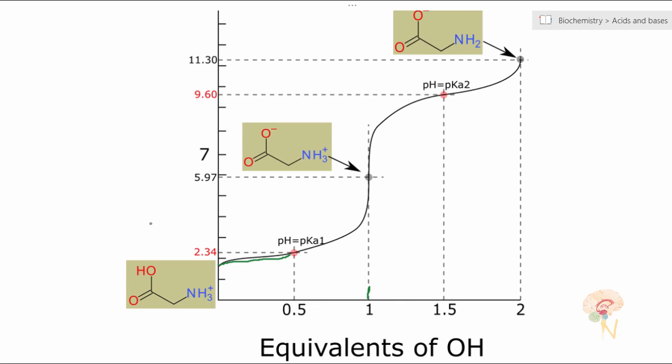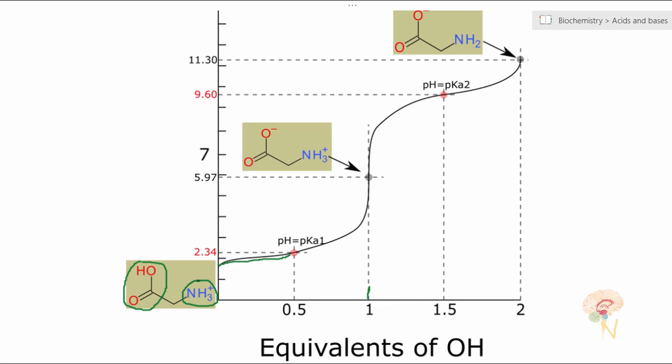Why? Because it has two dissociable groups. This COOH, which can dissociate to COO minus, and this NH3 plus, which can dissociate to NH2.